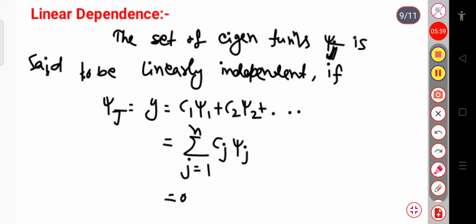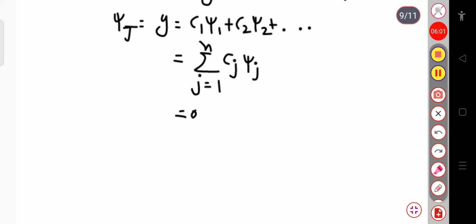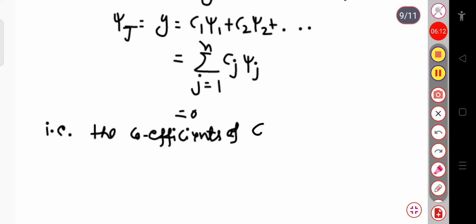For linear independence, the coefficients cj are equal to 0 for all j values.